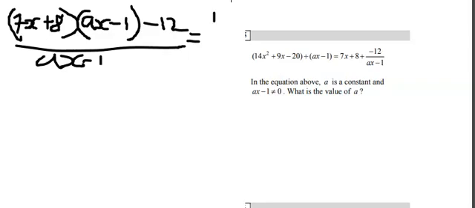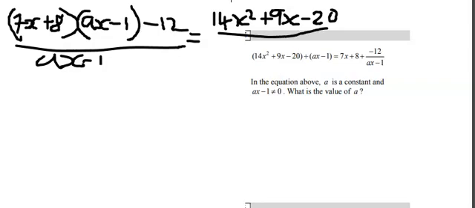What we have on the left hand side is 14x squared plus 9x minus 20, all over ax minus 1.